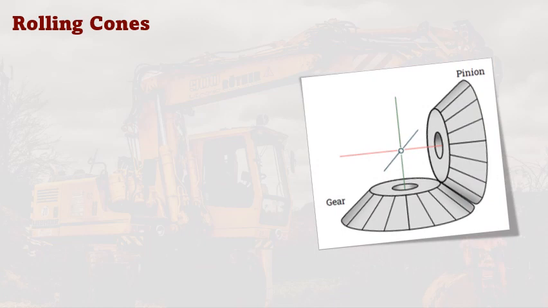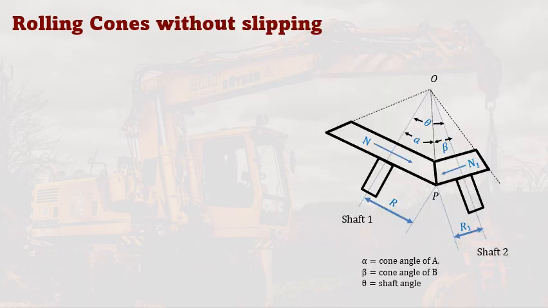So if you're going to extend the center connection between these cones, for cones rolling together without slipping, as you can see here in the presentation, we have here the schematic diagram of rolling cones. Say for example, you have this figure that you can see here, wherein our radius of the first cone would be R and the radius of the second cone would be R1.